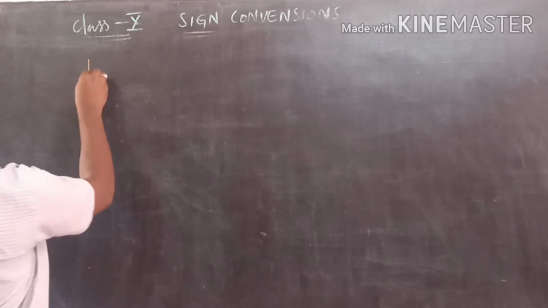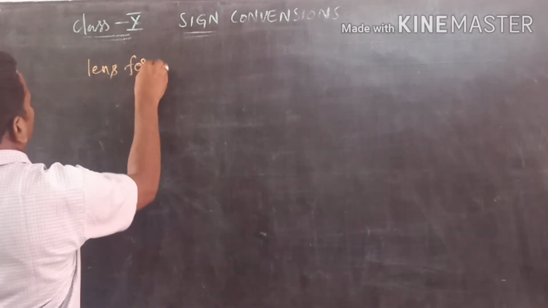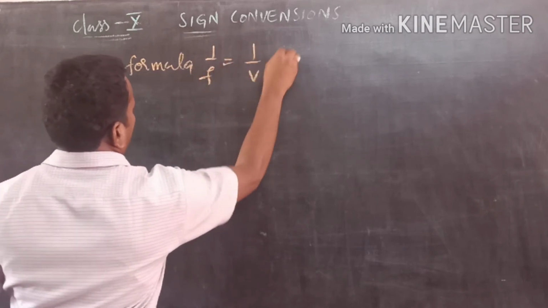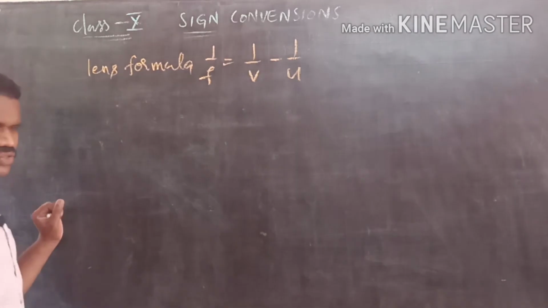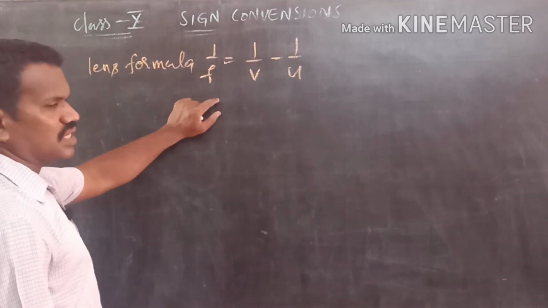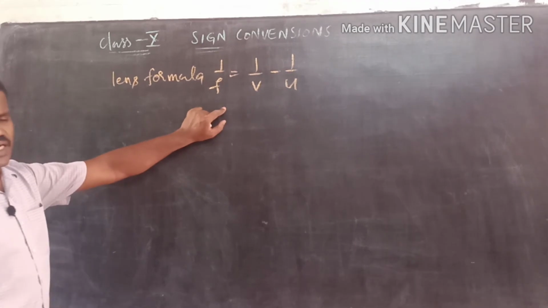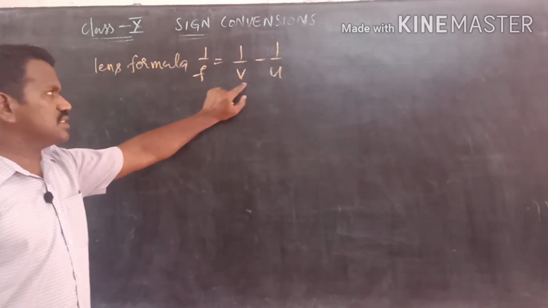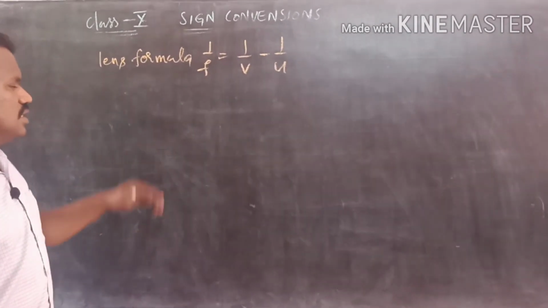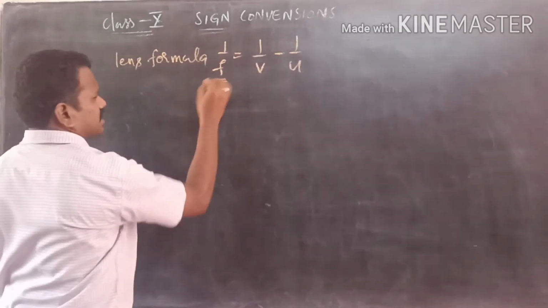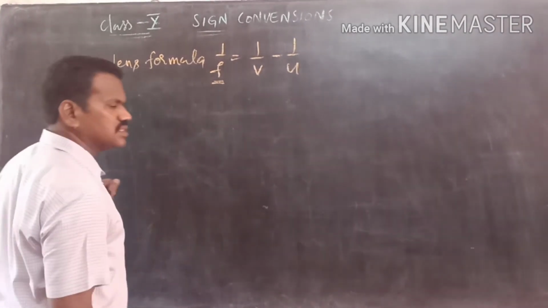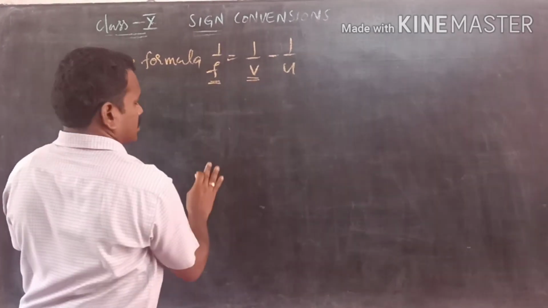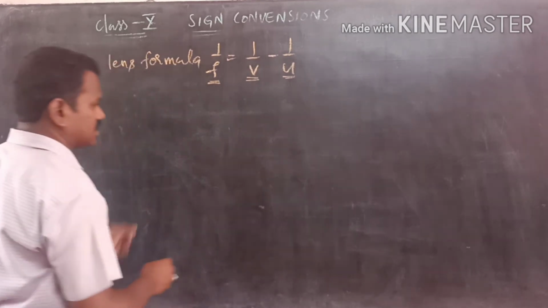Now, lens formula: 1 by f is equal to 1 by v minus 1 by u. This formula is called the lens formula. It gives the relation among the focal length of the lens, image distance and object distance. In this terminology, f stands for the focal length of the given lens, whether it may be a biconvex lens or a biconcave lens, v for image distance, and u for object distance.